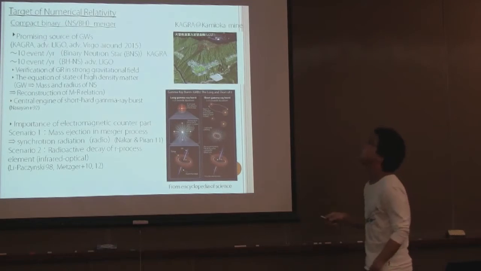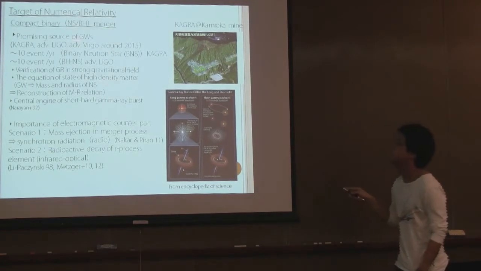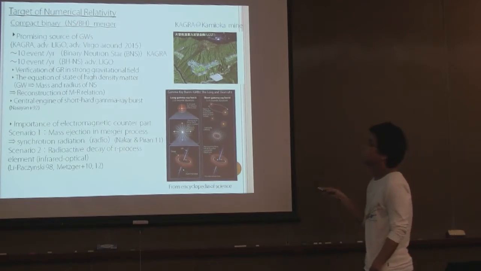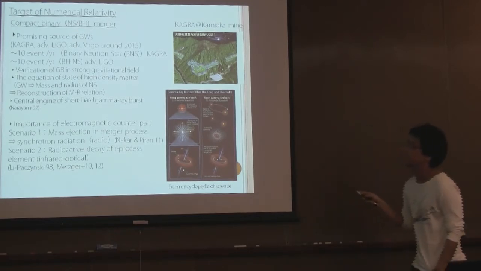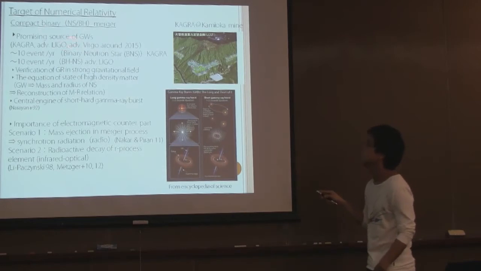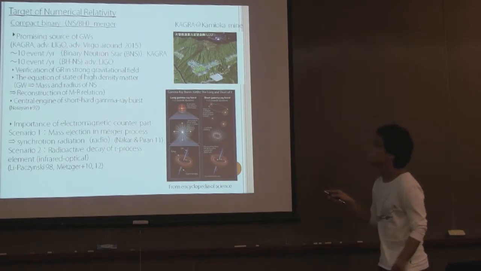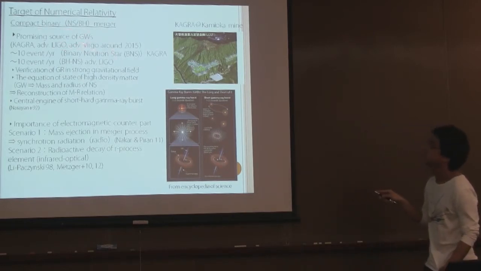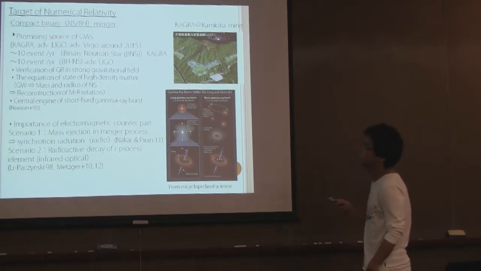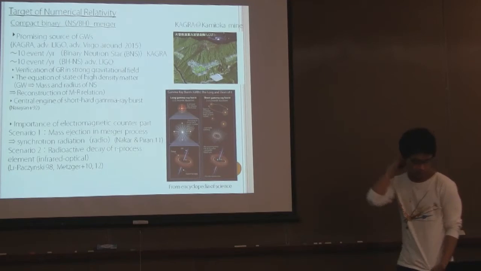Today, I mainly focus on the compact binary composed of neutron stars and black holes. The main motivation of this research is gravitational waves, of course, because the Japanese gravitational wave detector KAGRA, advanced LIGO in the USA and advanced VIRGO in Italy will start observation within a few years, and the coalescence of compact binary mergers is one of the most promising sources of gravitational waves.